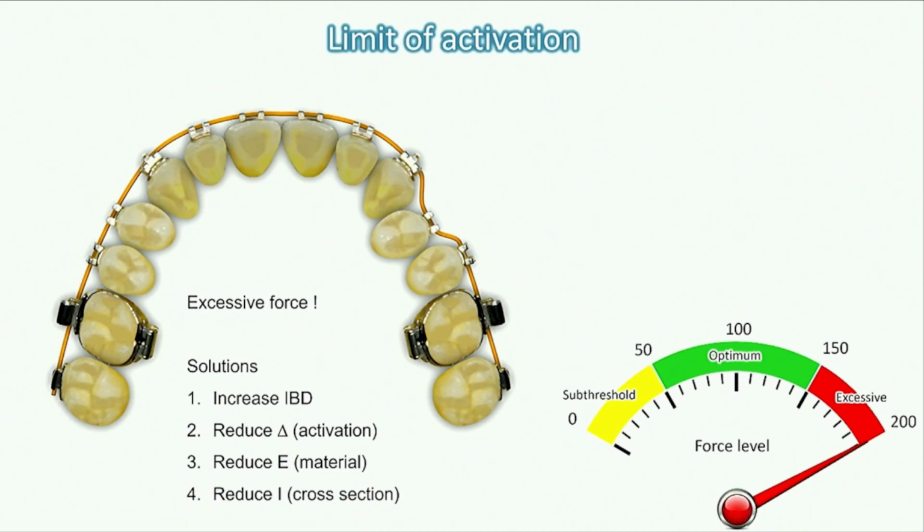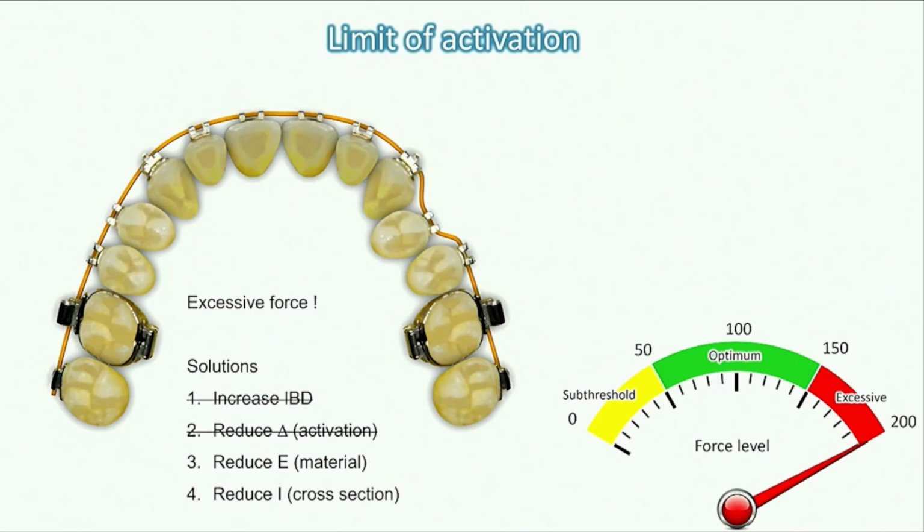There are some solutions that can be considered in order to reduce the magnitude of force in this situation. These may include increasing the inner bracket distance, reducing the amount of activation, utilizing a more flexible material, or reducing the cross-sectional size of the wire.